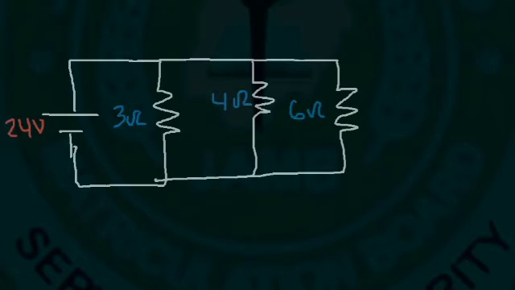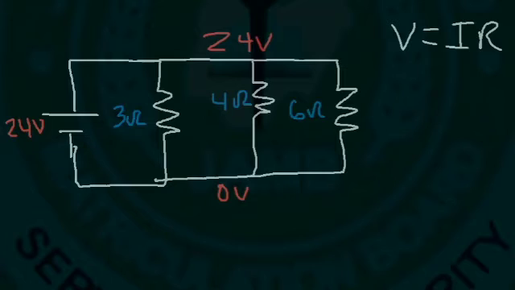So we know the voltage across the 3 resistors connected in parallel is the same. They're all connected to the same battery, so the voltage across each resistor is 24 volts. So V equals IR. To find the current that flows through each respective resistor, we need to take the voltage across that resistor and divide it by the resistance to get the current.